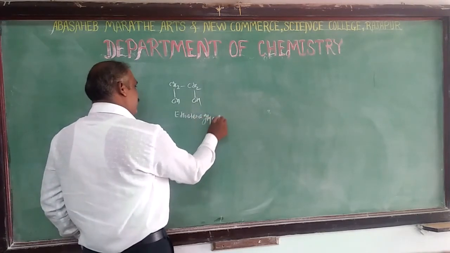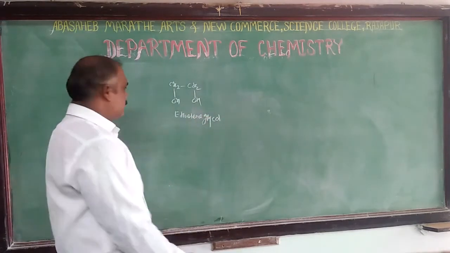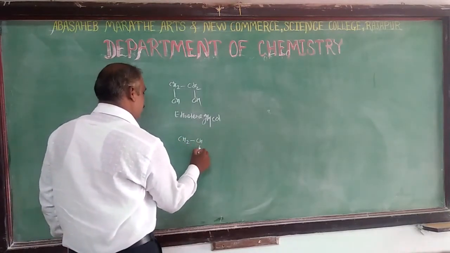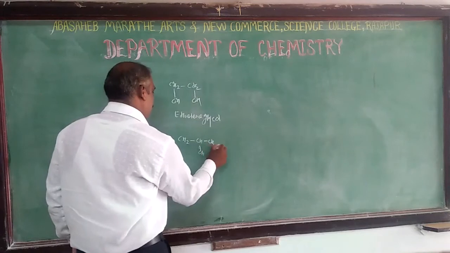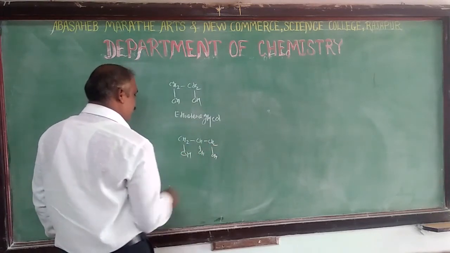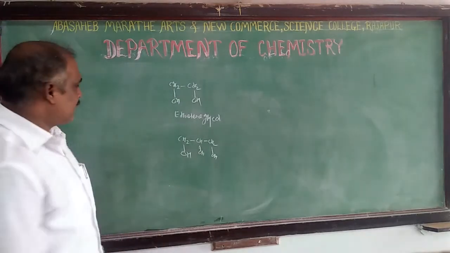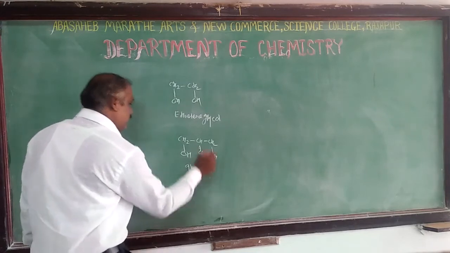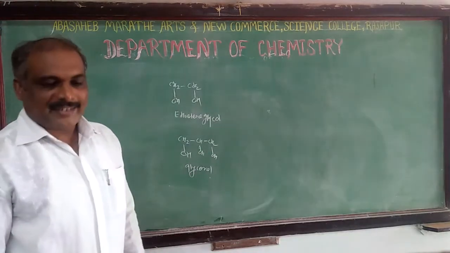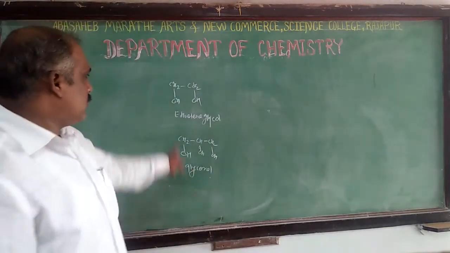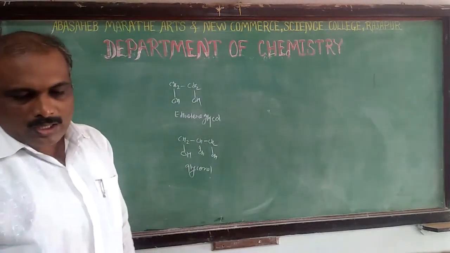And this one is glycerol. Ethylene glycol is a dihydric alcohol, and glycerol is a trihydric alcohol.